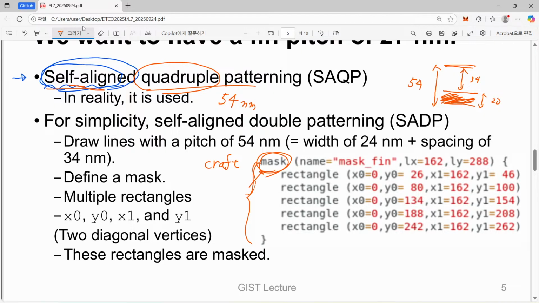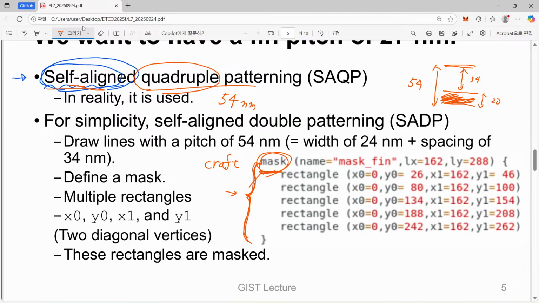When you do this, there are actually no changes in our structure. This is just preparing a mask. Later, this defined mask will be used for our deposition and our etching process. However, this is just a declaration of a certain mask.